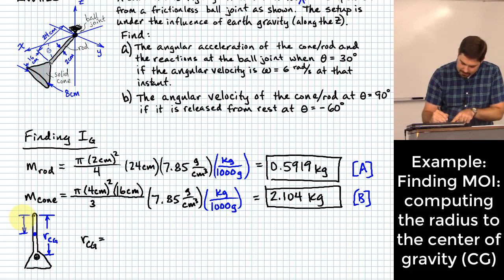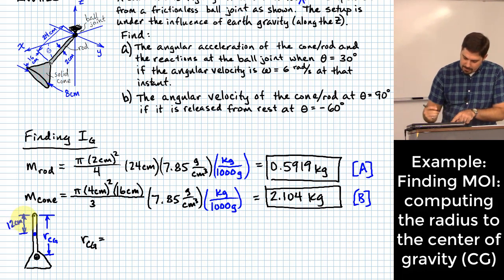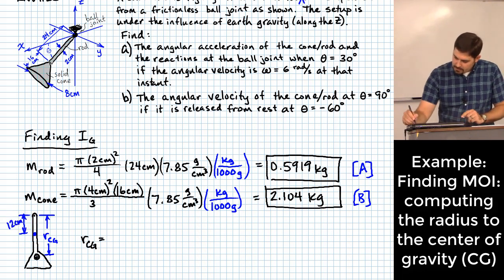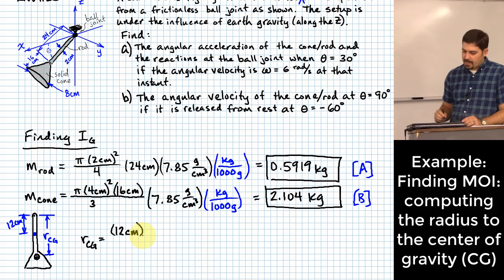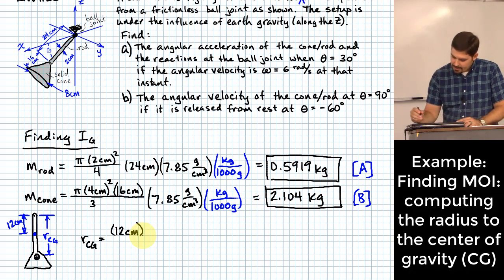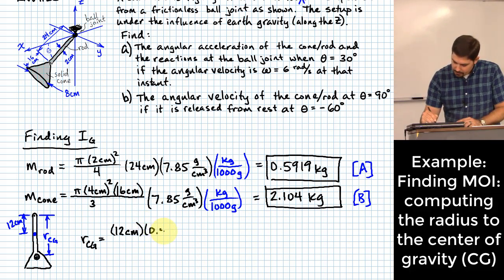How far is that? That's going to be 12 centimeters, right? So we'll say 12 centimeters times how much mass we have with that part, the rod, which is going to be 0.5919 kilograms.